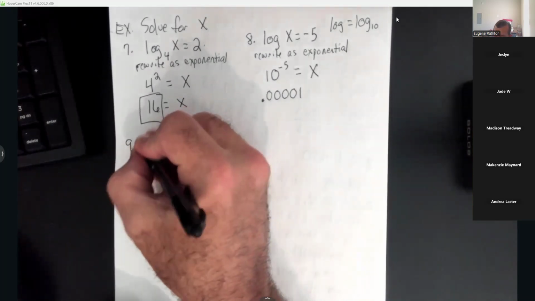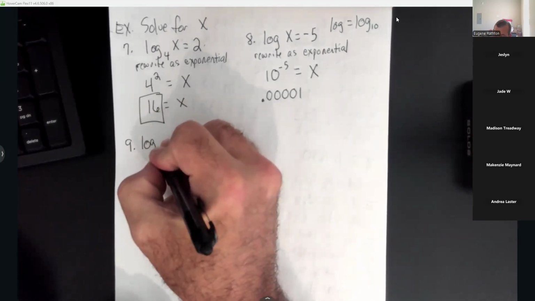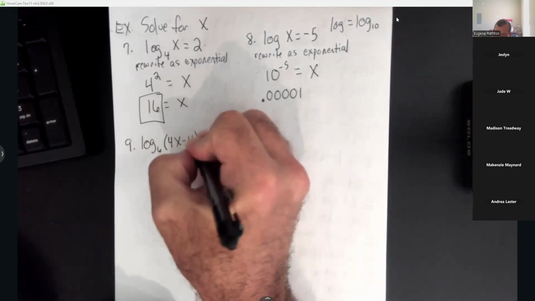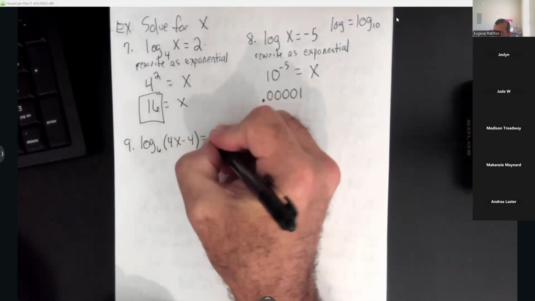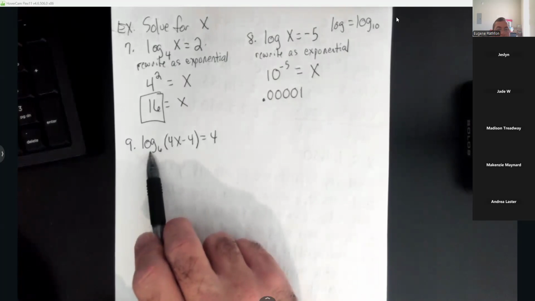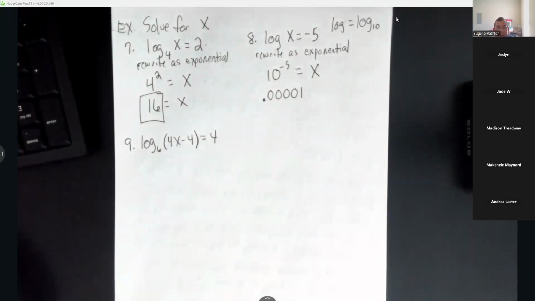All right, y'all, let's try this. Log base 6 of 4x minus 4 equals 4. If you notice, I only got a single log over here. No logs on this side, so I can't combine any logs.